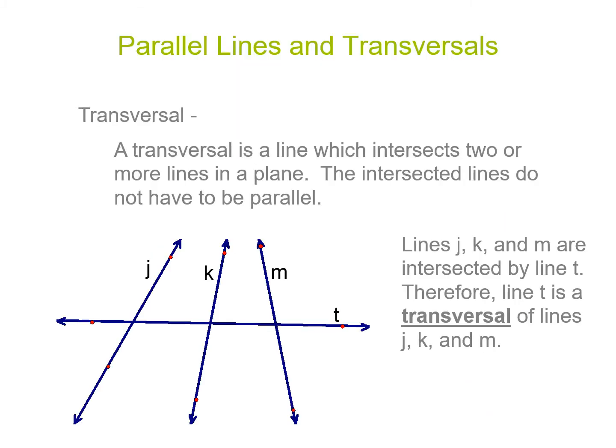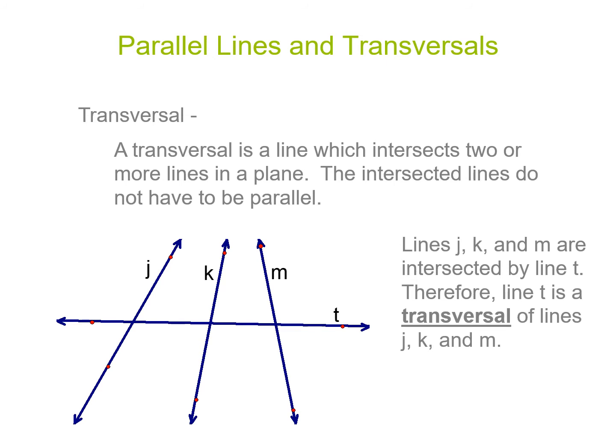The definition of transversal: it is a line wherein it intersects two or more lines in a given plane. The intersected lines do not have to be parallel. In short, the given lines are not required to be parallel, as long as when we talk about a transversal, it intersects two or more lines.